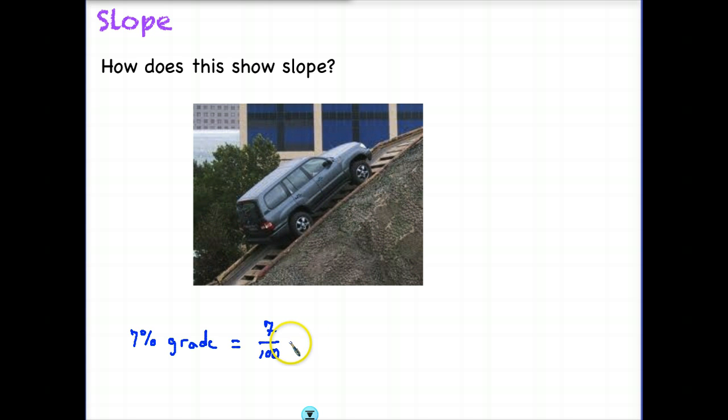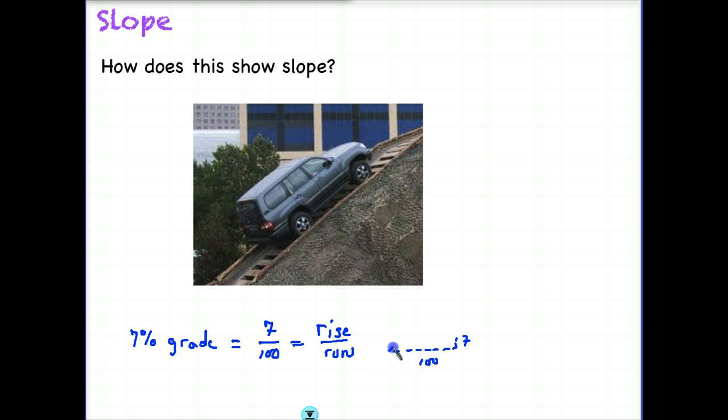If we think about that with slope, remember that we said we are looking at our rise over our run. In other words, change of y over change of x. So in this situation, for every 100 feet that a car travels, the car would then go up 7.